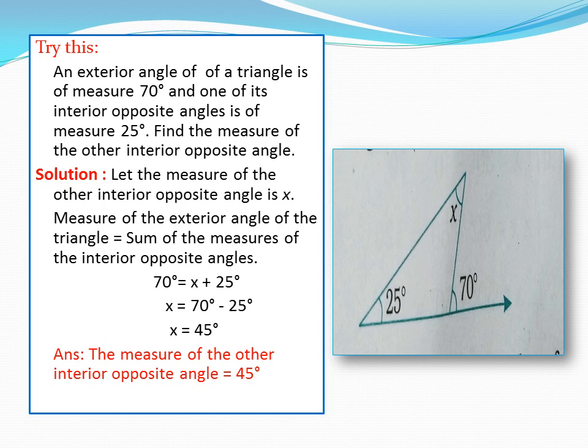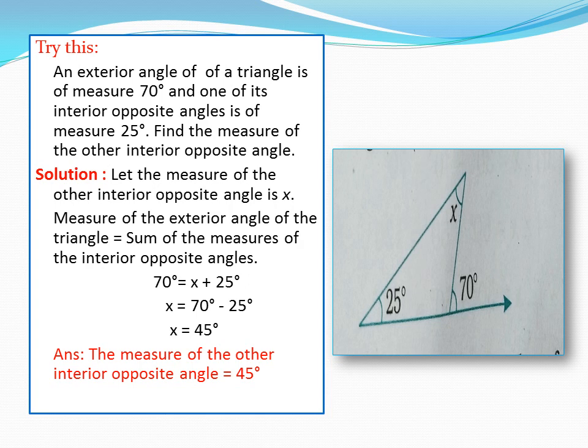So let the measure of the other interior opposite angle be x. The rule is like that: the measure of the exterior angle of the triangle is equal to the sum of the measures of the interior opposite angles. Children, outside angle, exterior angle, is equal to the sum of interior opposite angles.